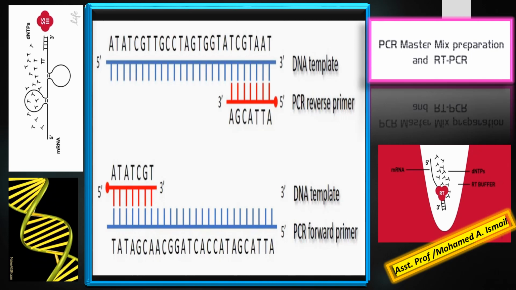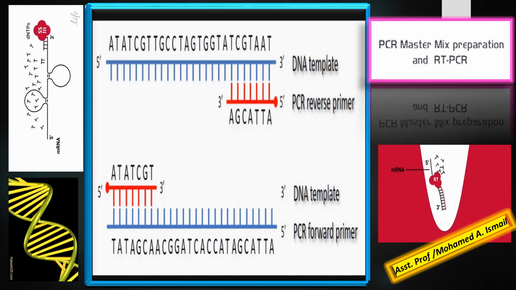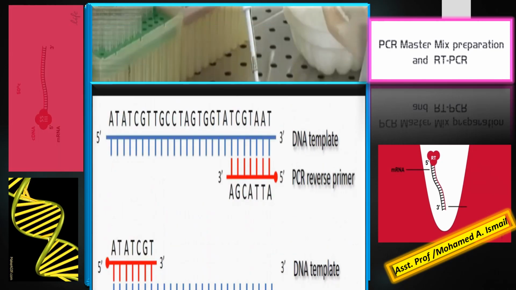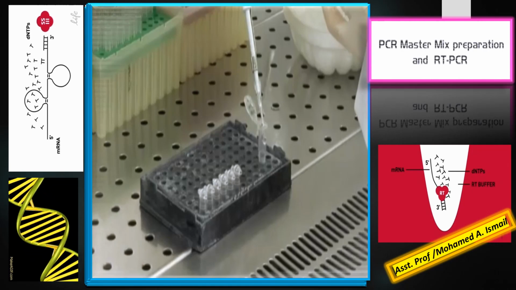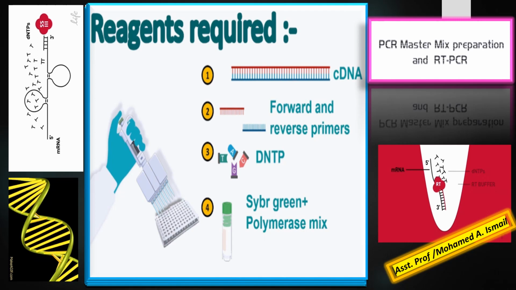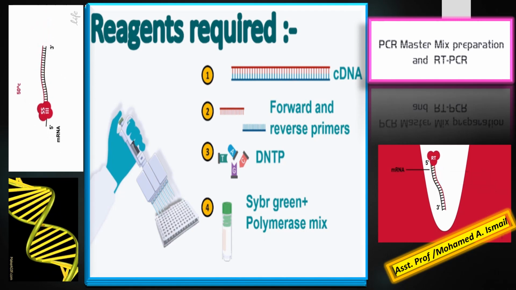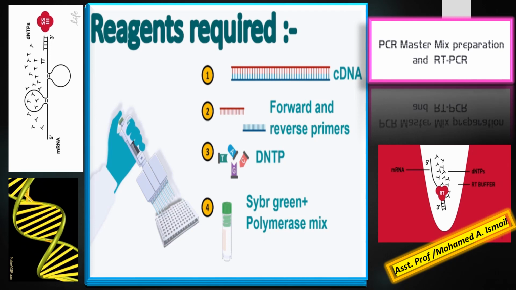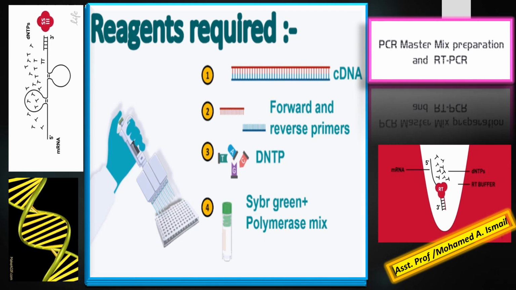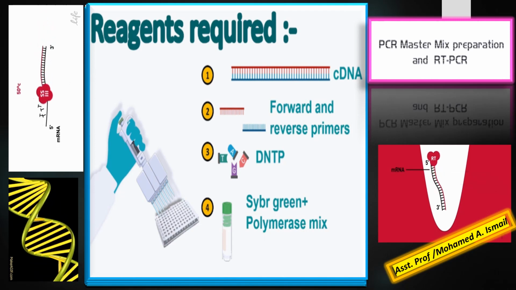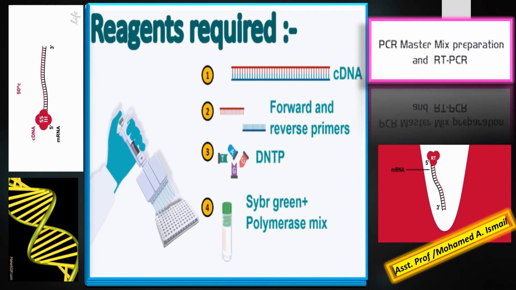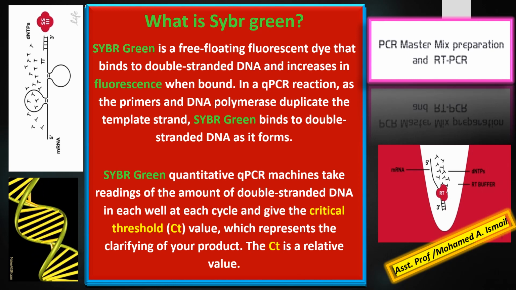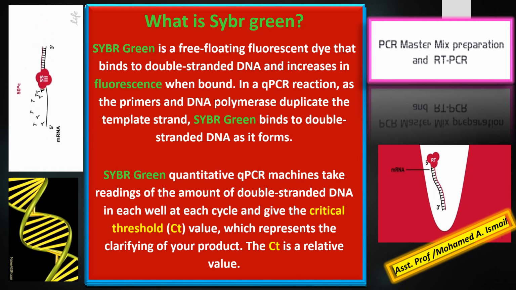For the preparation of the master mix for real-time RT-PCR, a fluorescent probe is also added to the mix solution, such as SYBR Green. SYBR Green is a free-floating fluorescent dye that binds to double-stranded DNA and increases in fluorescence when bound.